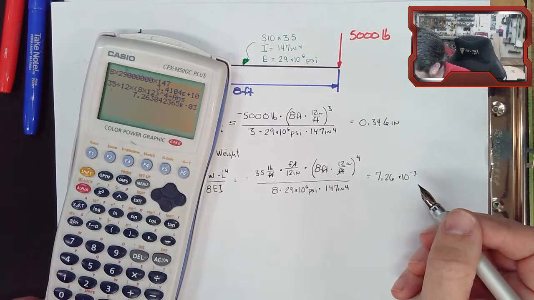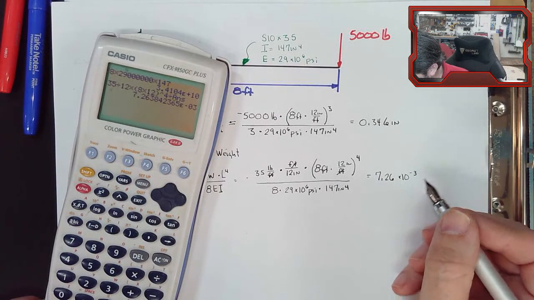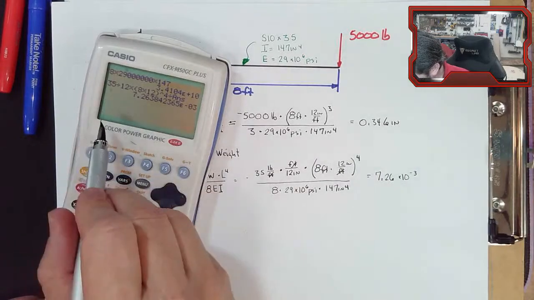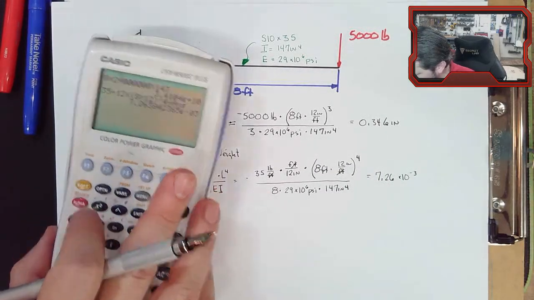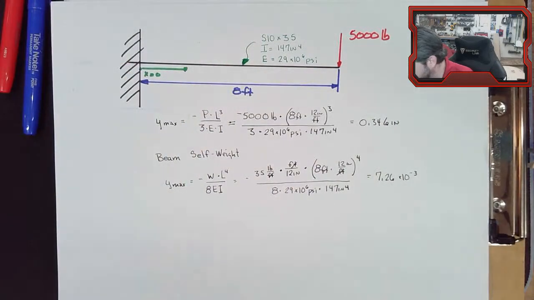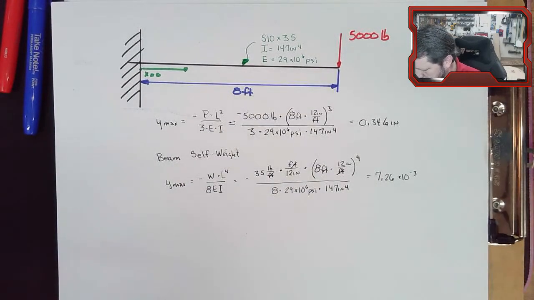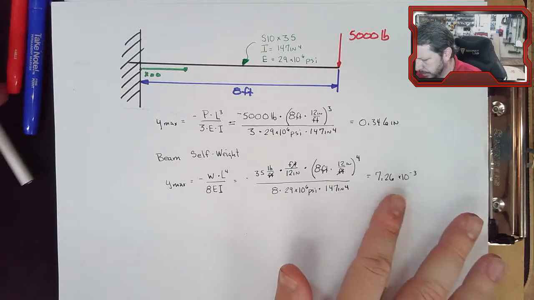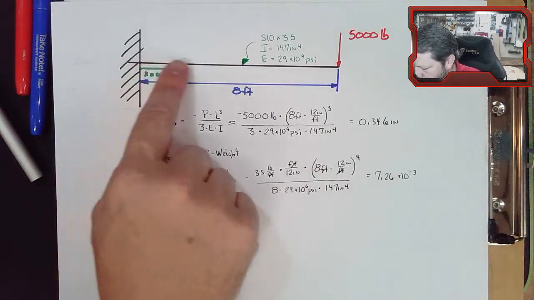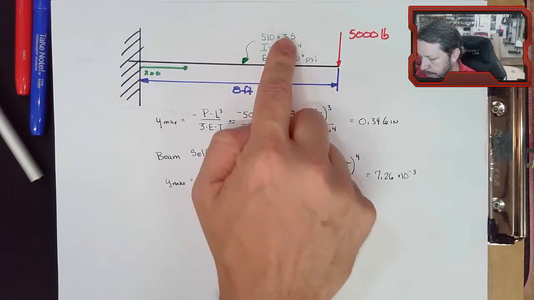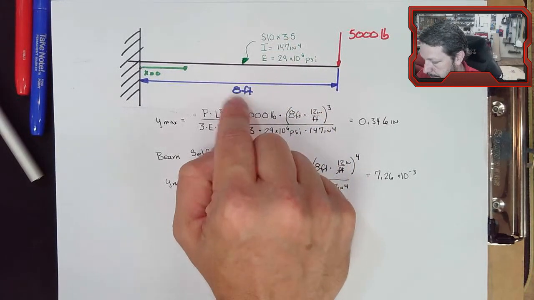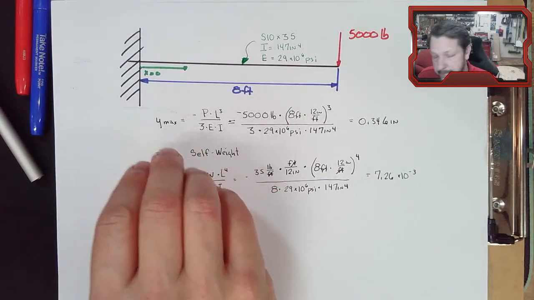I don't know if that's right. Maybe it is. Small number either way. We'll check it in MathCAD and see. But I do expect it to be a small number. This whole beam, 35 pounds per foot, 8 feet, that's under 300 pounds, 280 pounds.